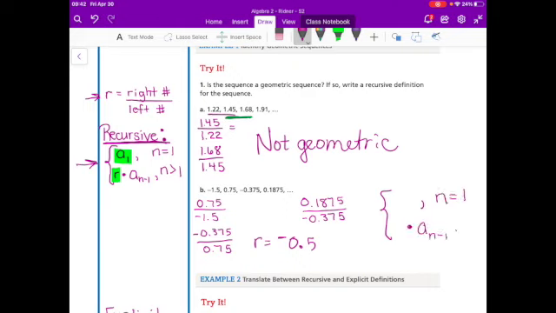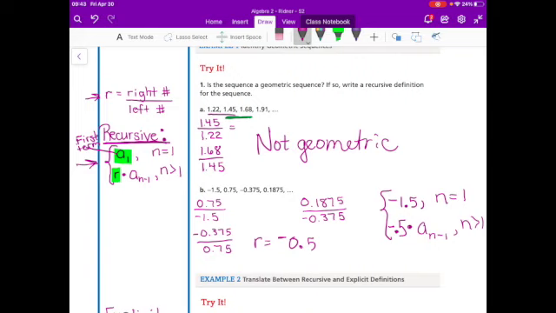So notice I am copying everything else down. A sub 1 means the first term, so first number. So in this example, it's negative 1.5. R, we just found, was negative 0.5. That's it. That's the recursive formula.